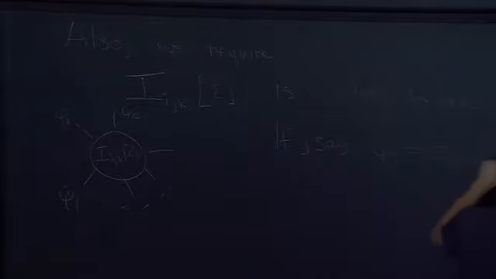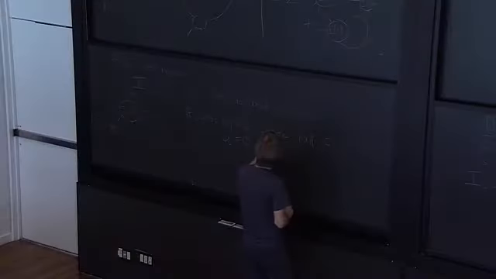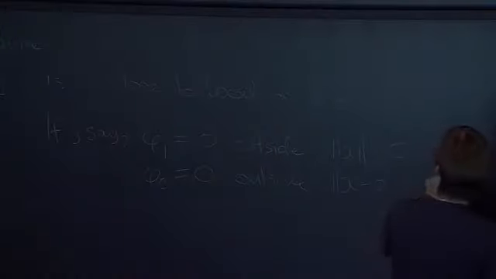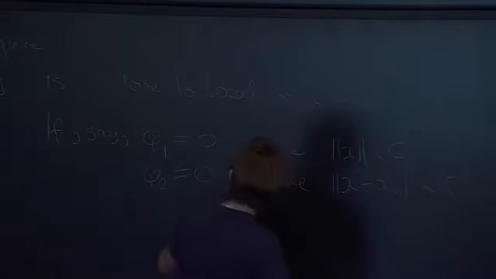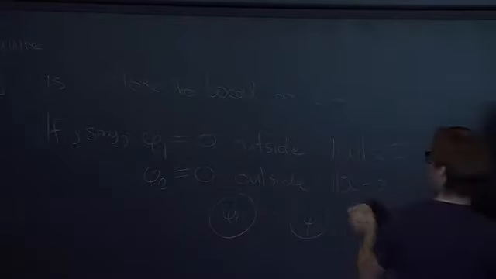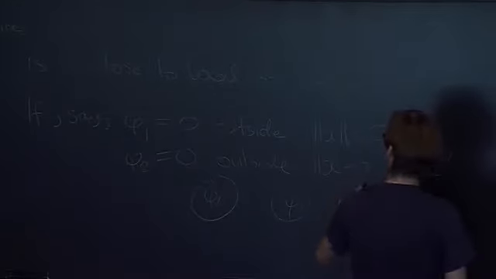Say Φ1 is equal to 0 outside some ball, say |x| less than 1, and Φ2 is equal to 0 outside |x − x0| less than c'. So Φ1 lives in here, Φ2 lives in there, where these are just defined disjoint regions.